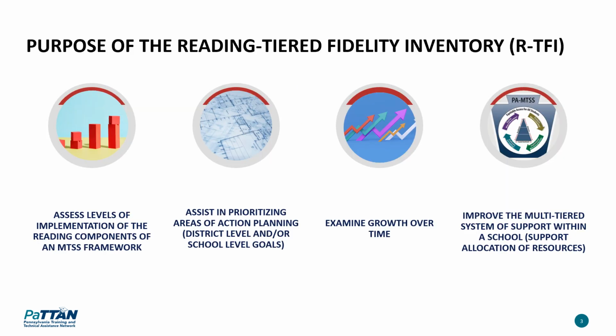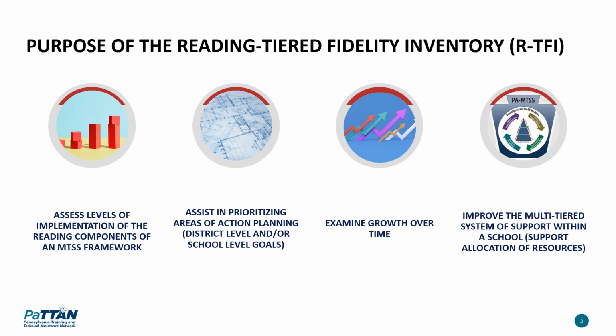There are several purposes for administering the Reading-Tiered Fidelity Inventory tool. The R-TFI is used to assess levels of implementation of the reading components of an MTSS framework. The tool will allow for a system to establish a baseline of current levels of implementation for literacy at Tier 1.